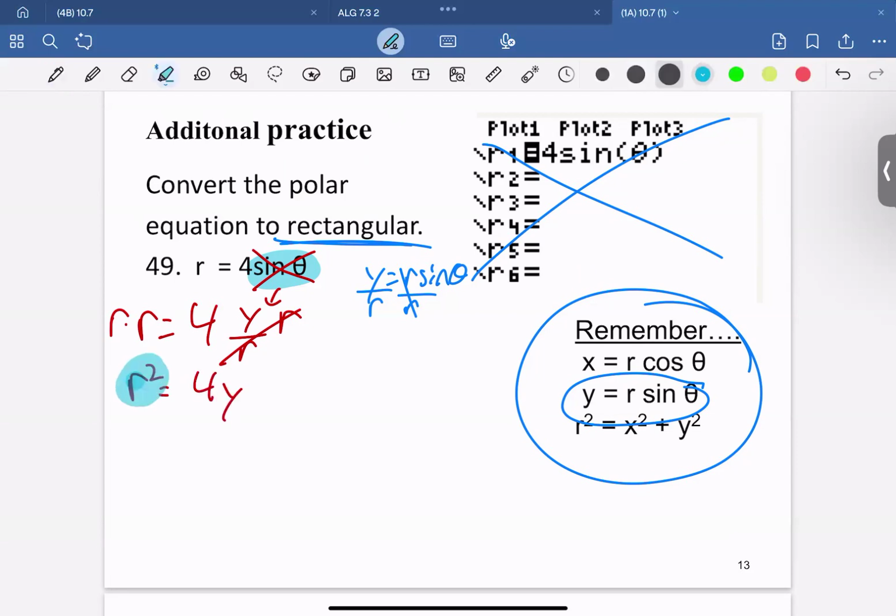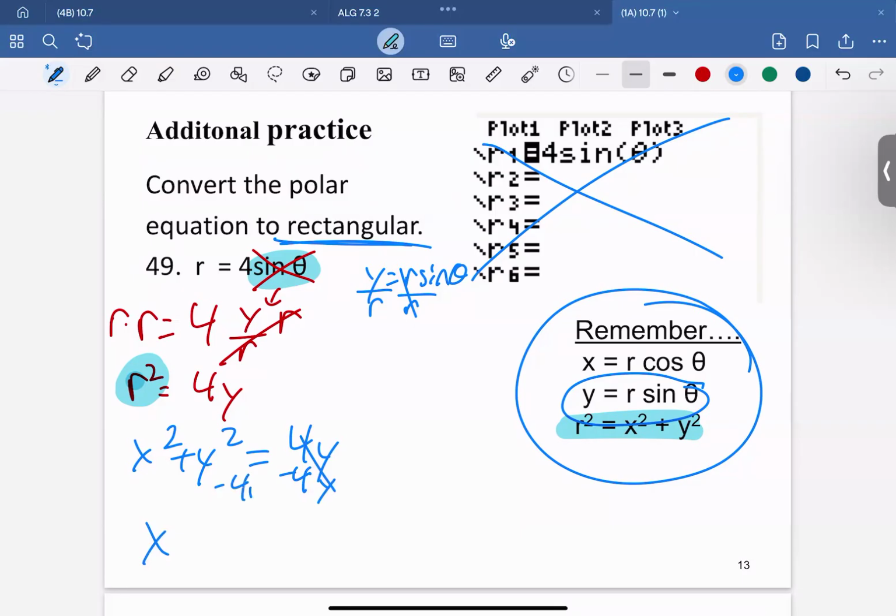And then look at that. We get an R squared, which we know we can plug in: X squared plus Y squared equals 4Y. Move this 4Y over, giving you X squared plus Y squared minus 4Y equals 0.